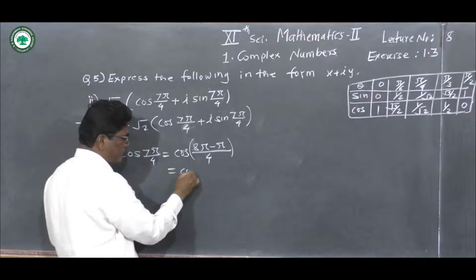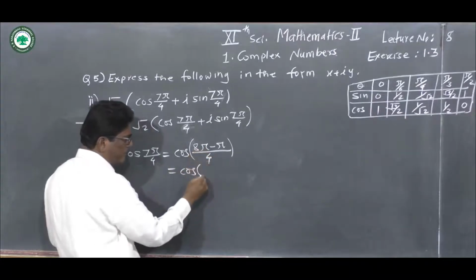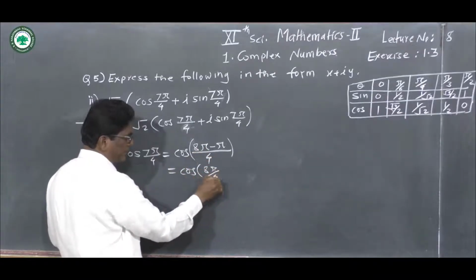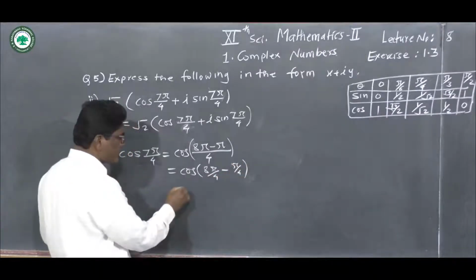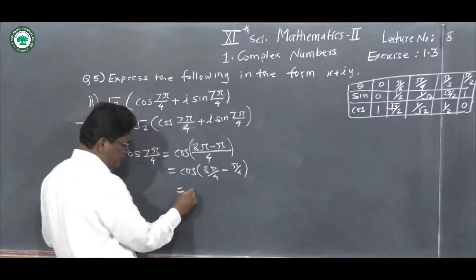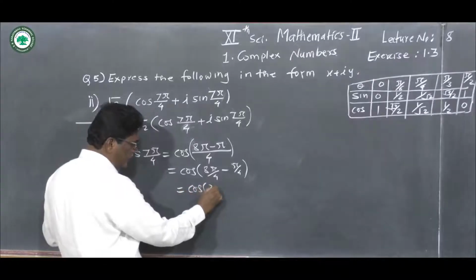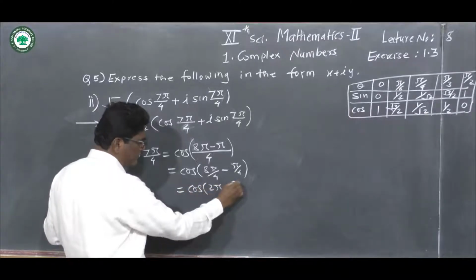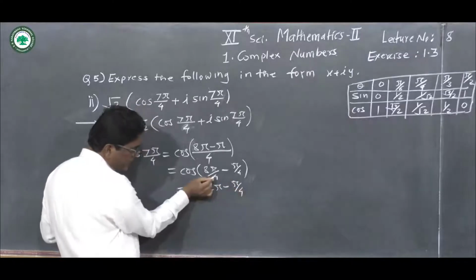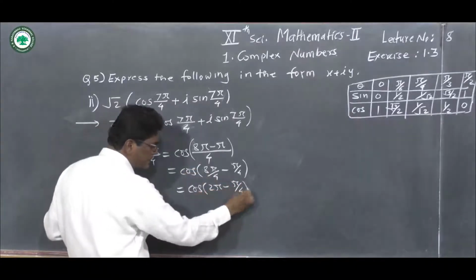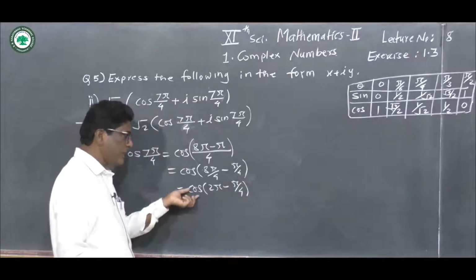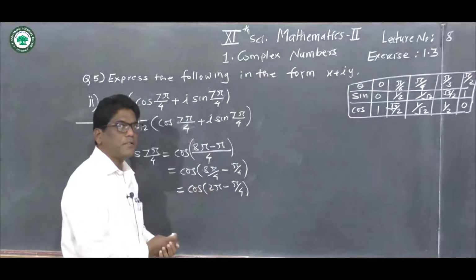So we get cos of 8 pi divided by 4 minus pi divided by 4, which is equal to cos of 2 pi minus pi by 4. Dividing 8 by 4, 4 ones are 4, 4 twos are 8, so 2 pi minus pi by 4. Now we have to find the value of cos of 2 pi minus pi by 4.